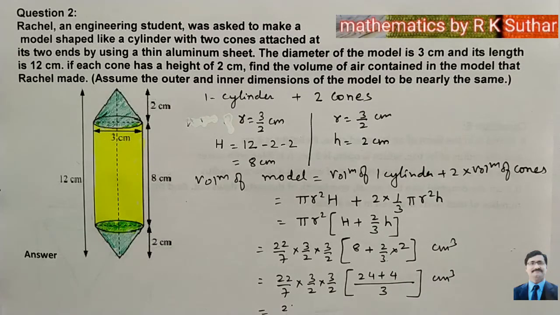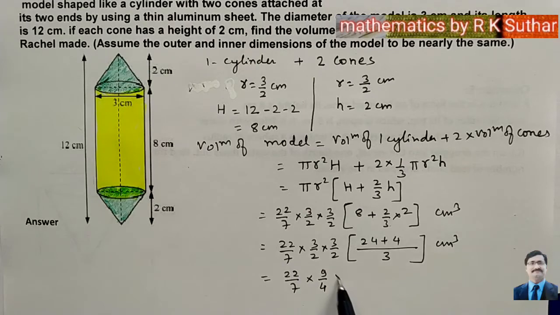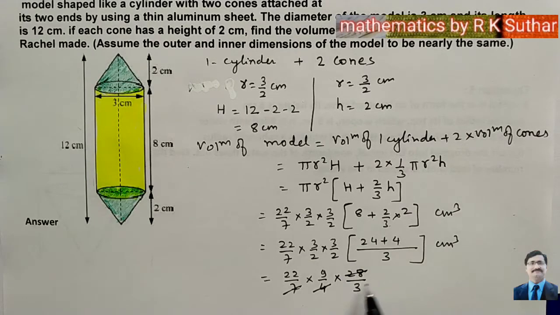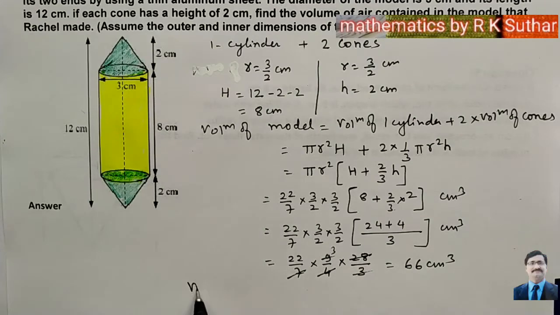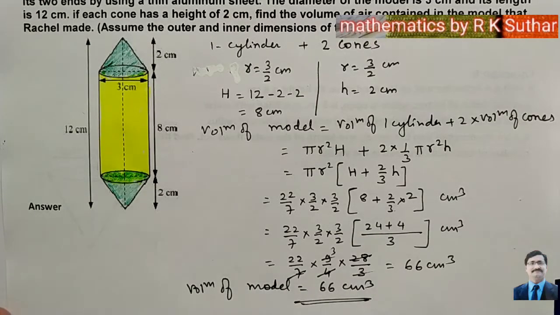This will be 22 by 7 into 9 by 4, and this we get 28 upon 3. 7 fours are 28 and 28 we can cancel, 3 threes are 9, so this will be 66 centimeter cube we get. So the volume of the model is equal to 66 centimeter cube. Do all of you understand this? This is a very important question.